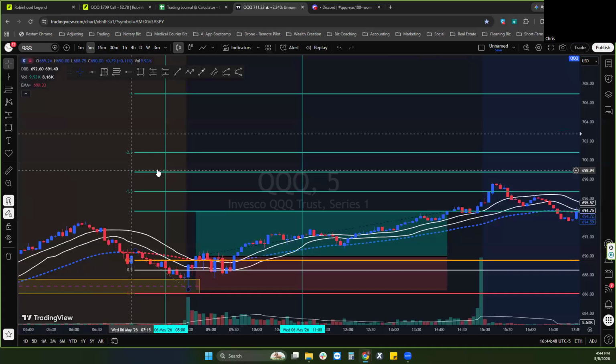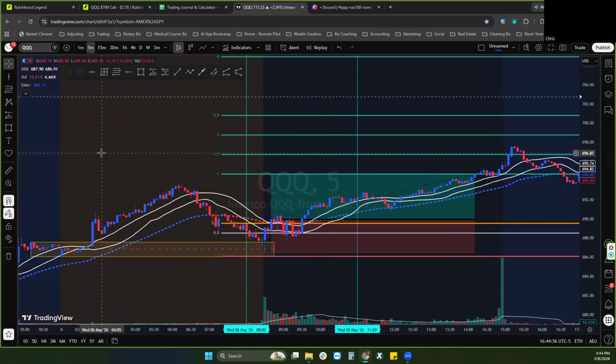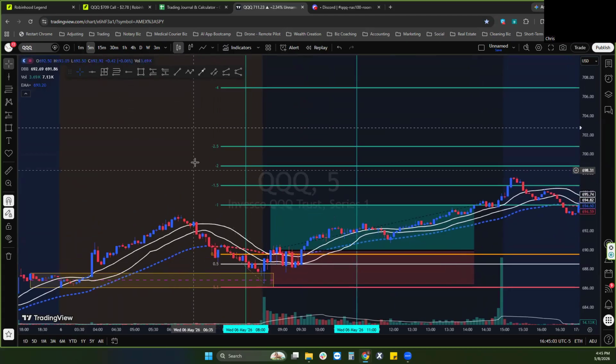So 2, 2.5 and 4 are the TPs that you'll probably hit on a daily basis. If volatility and momentum is strong, you'll probably hit a 4 every day. Probably hit a 2.5 more frequently than you'll hit the 4.